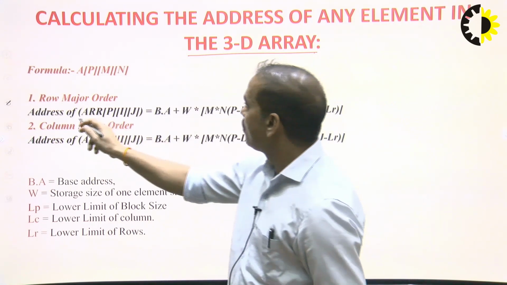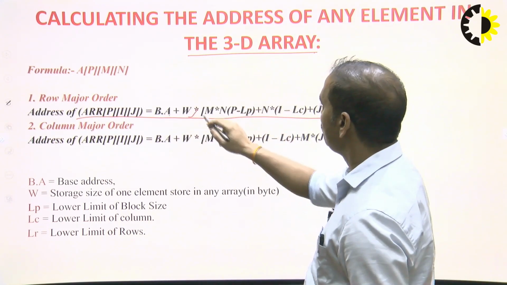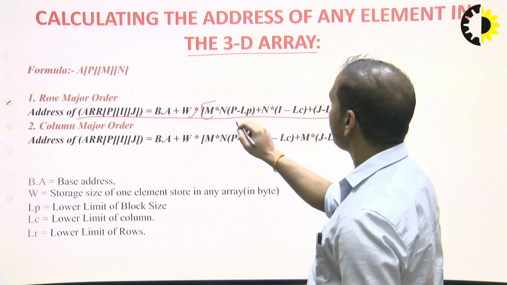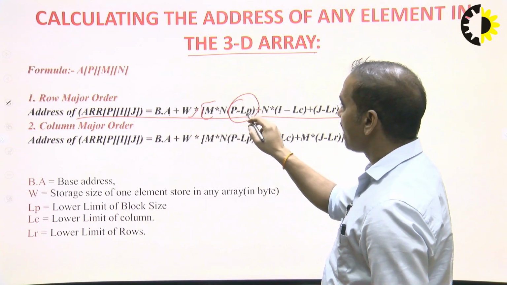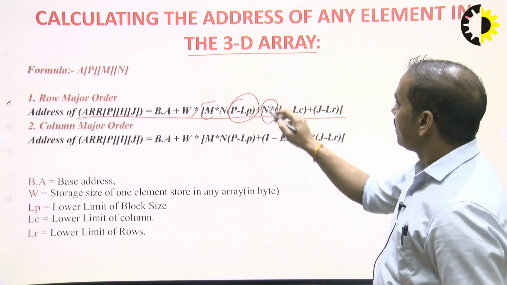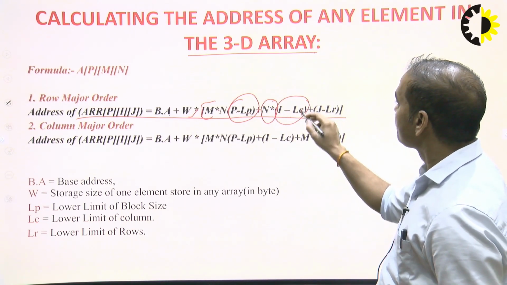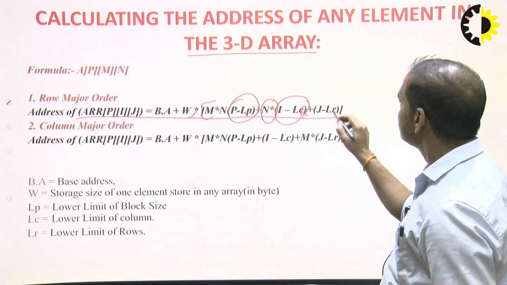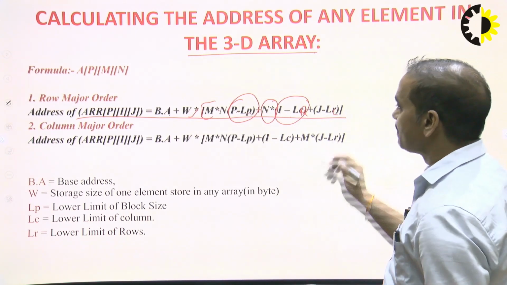In case of row measure order, we are using the same formula: base address plus W bracket M into N, P minus LP, that is the block size. P minus LP, LP is the lower bound of page number. Here, this is the row measure order. So, we have to multiply in row with column, and this is the lower bound of column J, LC.